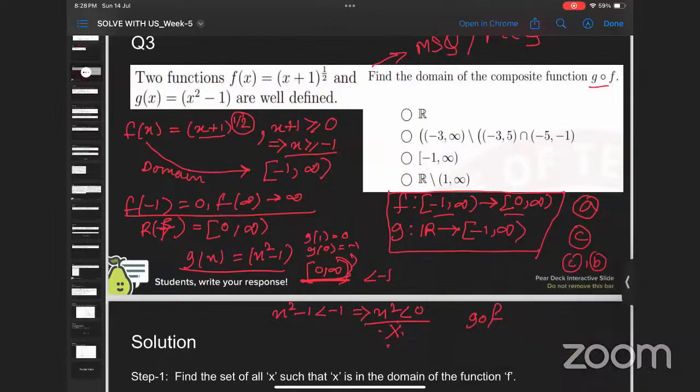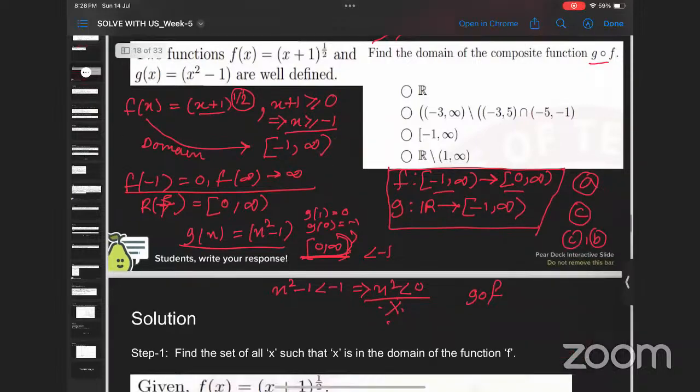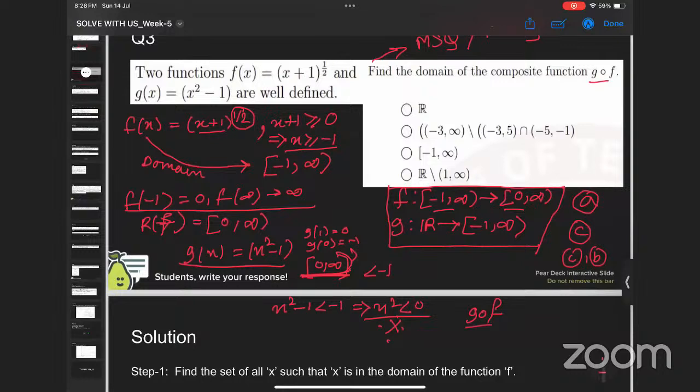So now we can calculate the domain for this, right? The domain for G compose F should be D, where D equals x belongs to the domain of F such that f of x belongs to R, right?